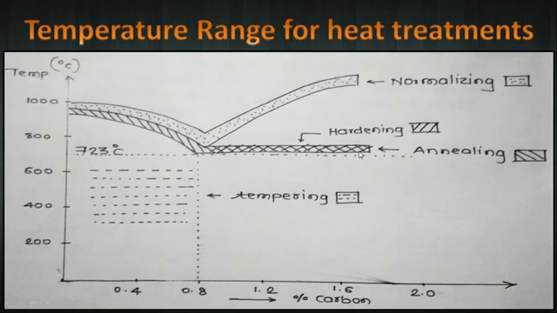In annealing and normalizing, the material is heated above its critical temperature. Also, you can see this is the range for hardening, and tempering is done below critical temperature, and the temperature range can be seen in the diagram.